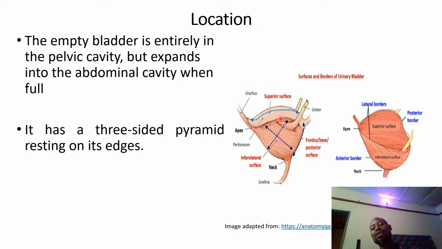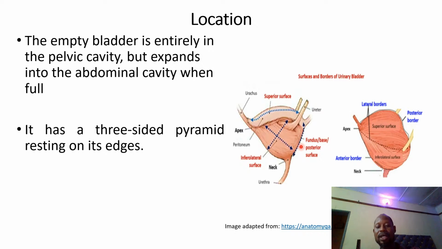From this shape, on this side you have the superior surface, and this part makes up the base of the bladder. And then below this part that makes up the base of the bladder, you have the inferolateral surfaces, which are two.